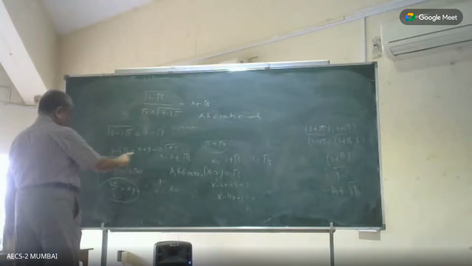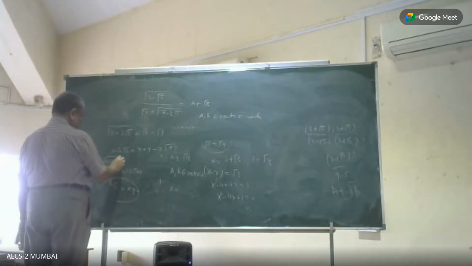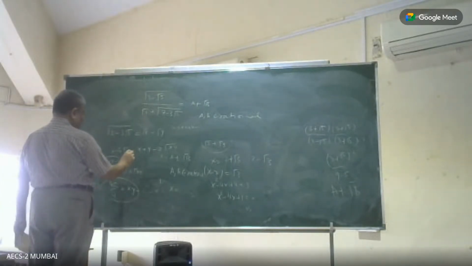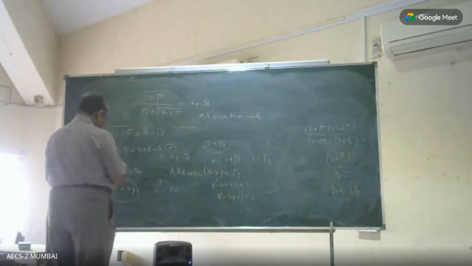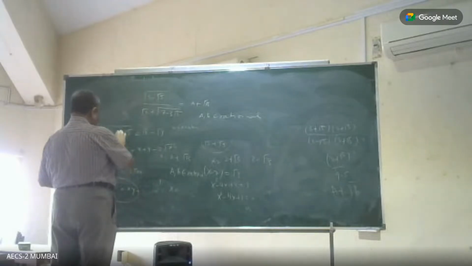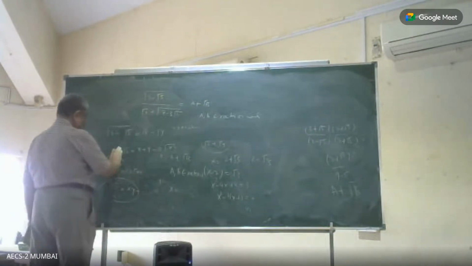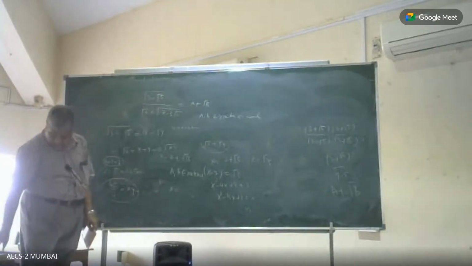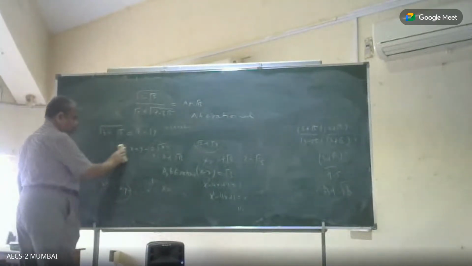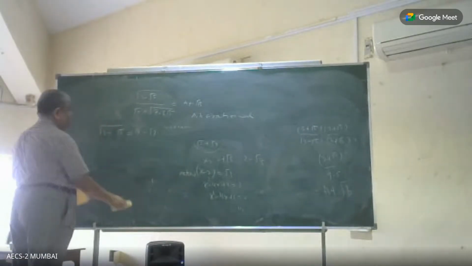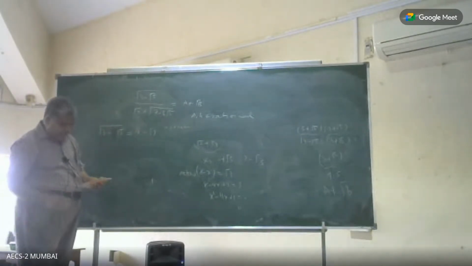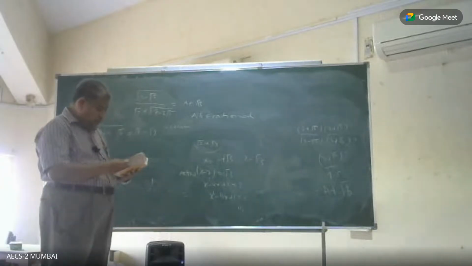Oh, sorry, yes, I'm very sorry for this. No, sorry, just wait. We want to find this, 3 minus root 5. Correct? Just wait. Yeah, the question is this. Let's again put the question.